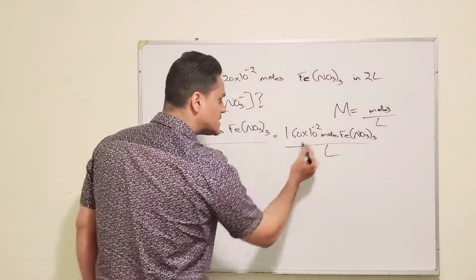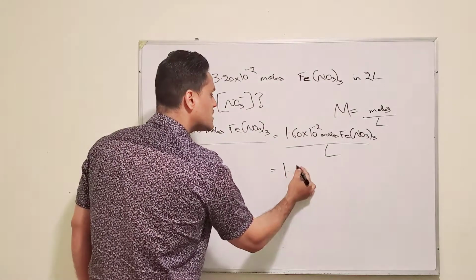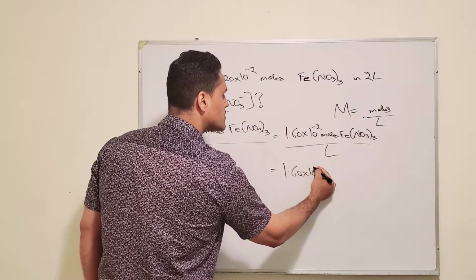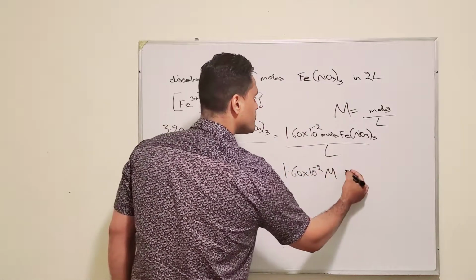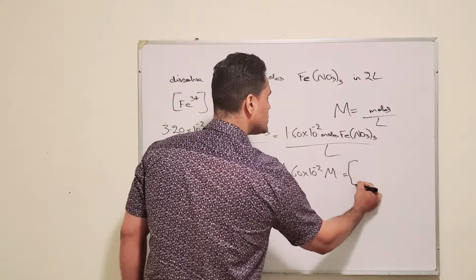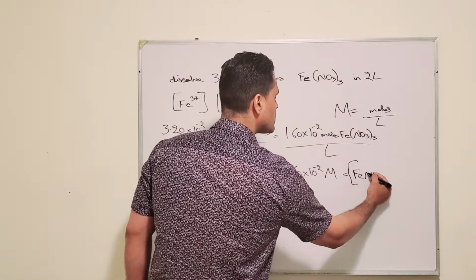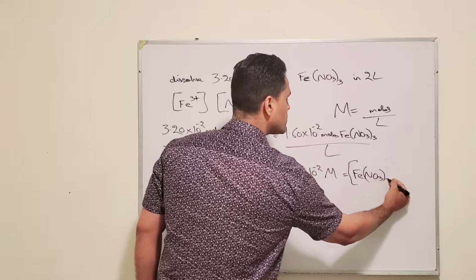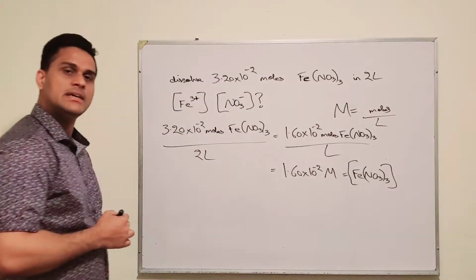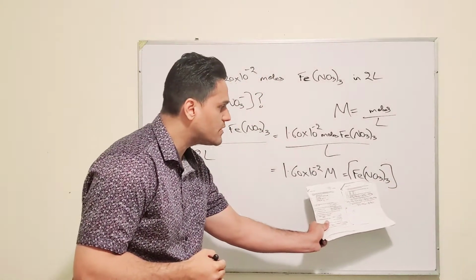Now, moles per liter can be just written as molarity, which is your concentration. Now, this is just the concentration of FeNO3. Okay, so we just found the concentration of FeNO3.